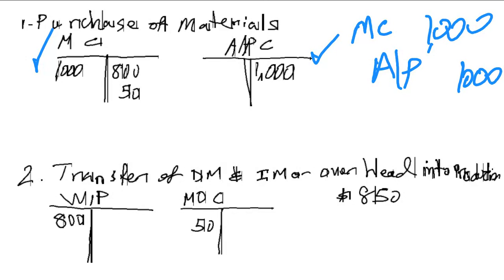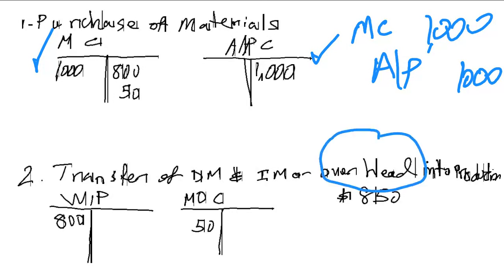In journal entry number 2, I transferred direct material and indirect material, or overhead, into our production line. So I transferred $800 direct material.